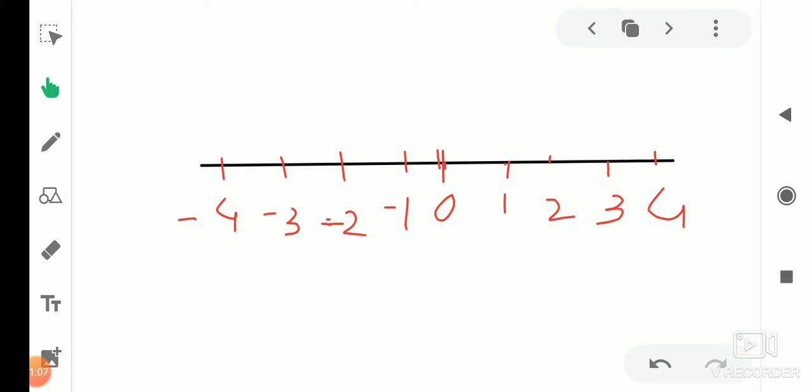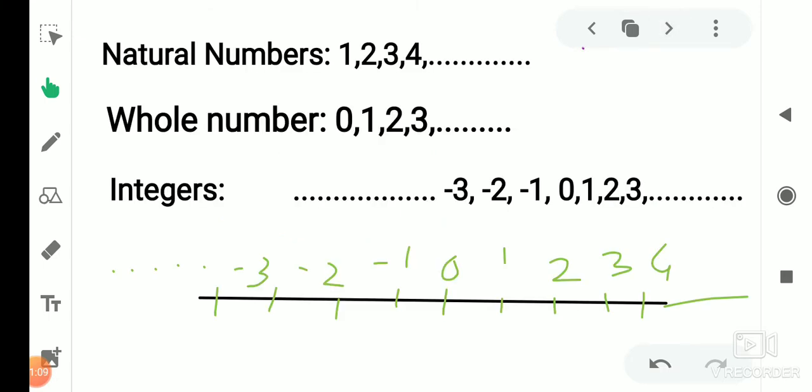Okay, now let's see the different types of numbers that we have already learned in the previous classes. We have learned different types of numbers like natural numbers, whole numbers, integers, right? So what are the natural numbers? Natural numbers are the numbers that we can count.